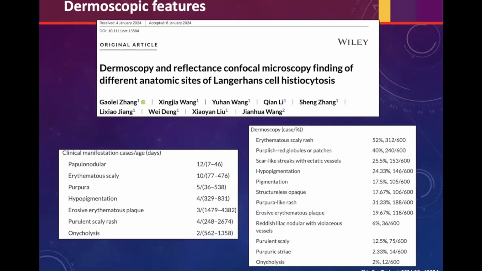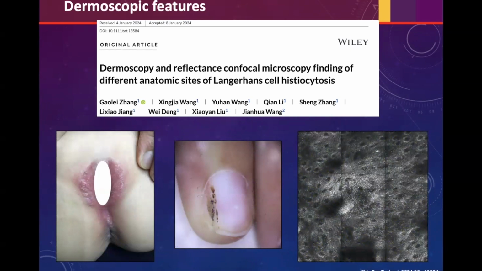The most common dermoscopic pattern was the erythematous scaly rash. Here we can see some clinical manifestations, multiple erythematous plaques, 3 to 7 millimeters in diameter with ulcer on the labia majora, vulva. In the second picture, petechiae with purple streak.